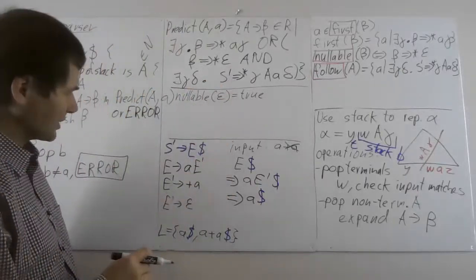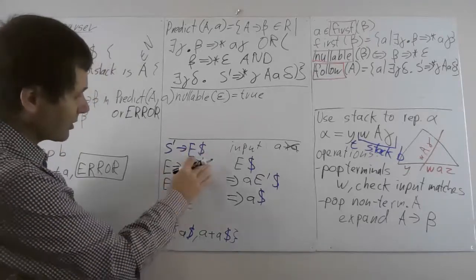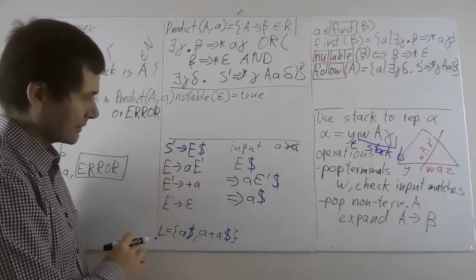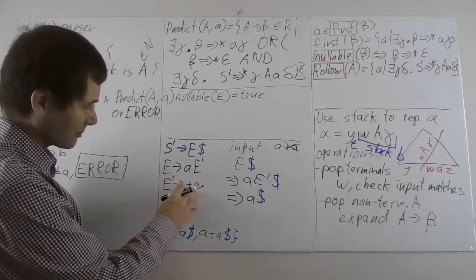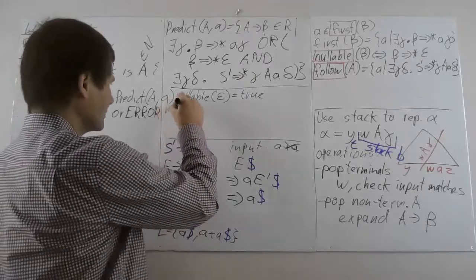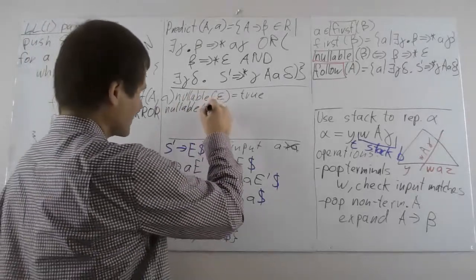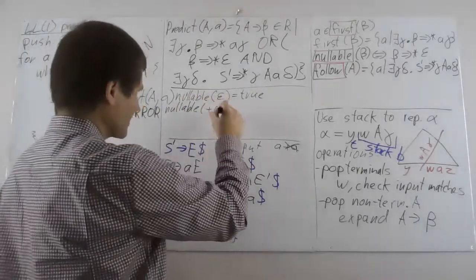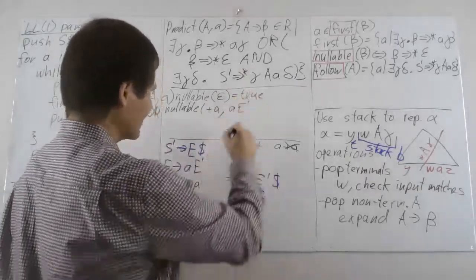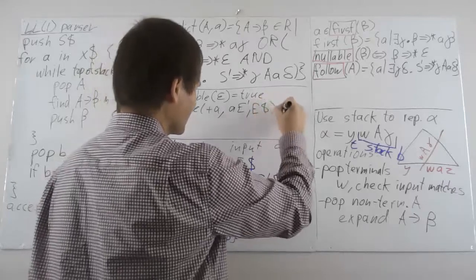And the other ones are also easy because they all contain at least one terminal symbol: plus A, and $. So nullable of plus A, let me just write them all together: plus A, E prime, and E $ is false.